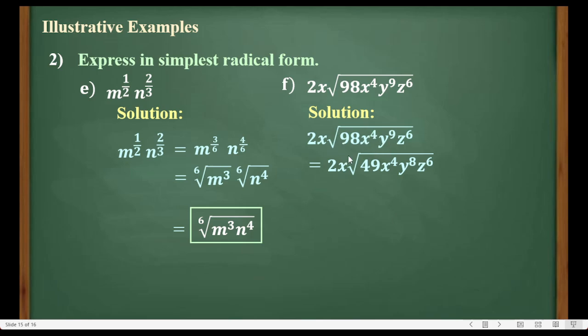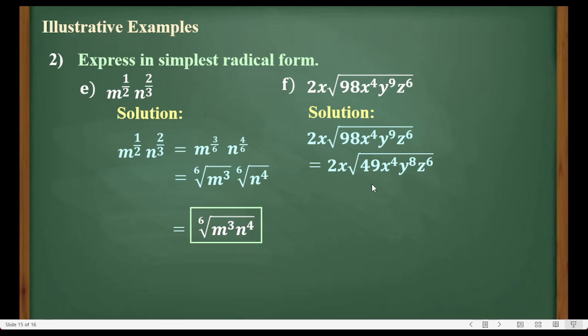But when it comes to y to the 9th, 9 as we all know cannot exactly be divided by 2. So we only consider the exponent of y which is lower than 9, and at the same time an even number or divisible by 2, and that is 8. So the perfect square factor that we could extract from this particular factor is y to the 8. And z to the 6 is an even number. So this whole factor is the perfect square.